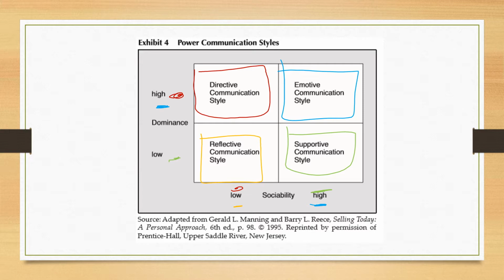Okay, and so the directive and emotive styles are for managers who really want to influence others, while the supportive and reflective styles are usually employed by managers who are less assertive and more cooperative. They just want to assist other people. And so again, there's not really one preferred communication style. It's just really how it works within the organization overall.